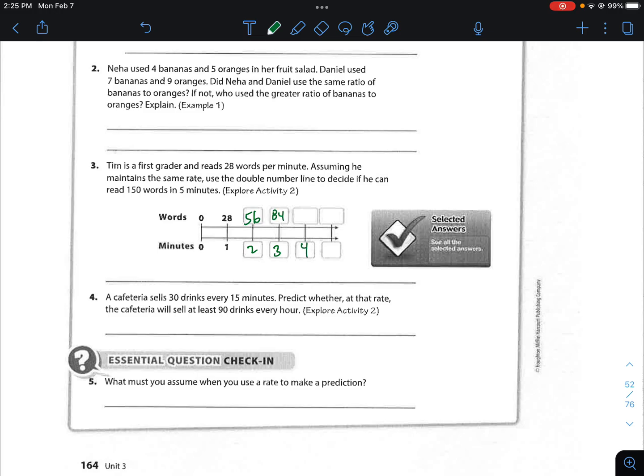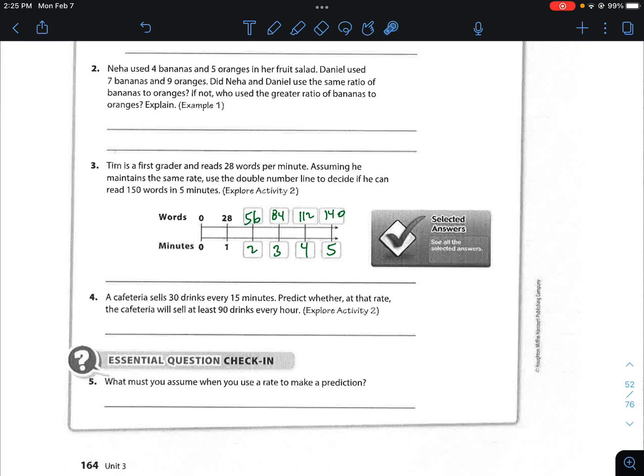And then after 4 minutes, Tim's able to read another 28 words, which gives me 112. And given another minute, he could read another 28 words, so that's 140.